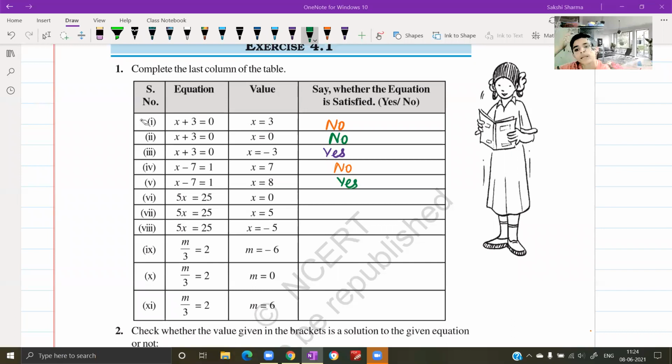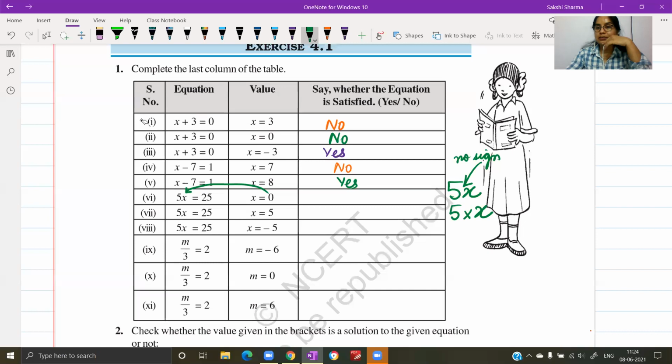Beta, can you help me with sixth part? Ma'am, yes, sixth part, no. And can you tell us what's the mistake here? If I take 0, ma'am, 5 into 0 is 0 because 5 into 5 equals to 25. That's right. 5 into 0 will be 0. Those who don't remember this, if you see something like this, आपको 5x अगर दिख रहा है, this means 5 is multiplied with x. यहाँ पे बीच में कोई भी साइन नहीं है.